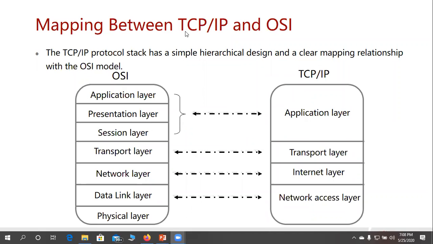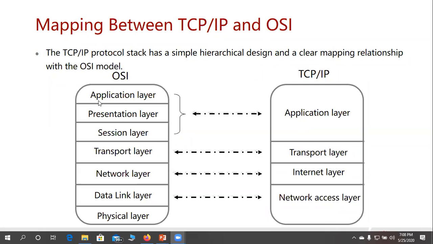Okay, so apart from having the OSI model, we also have the TCP/IP model. These models are there to help us easily understand networking. So you see, we looked at the OSI model. This is the TCP/IP model. The difference, you can see it here.